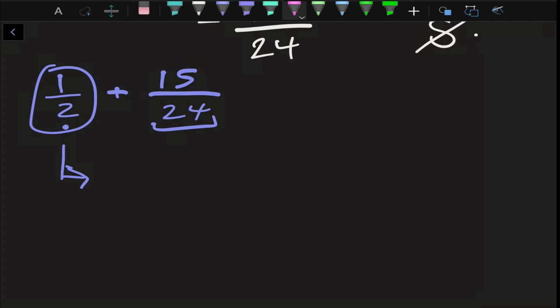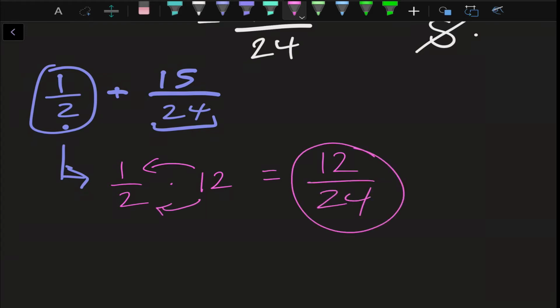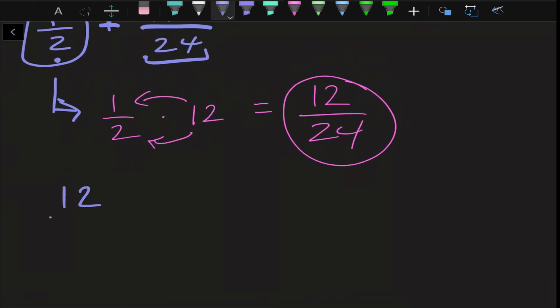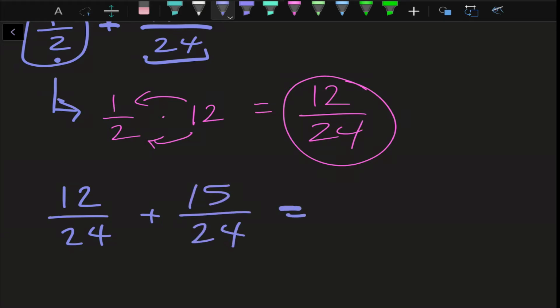So we know 1 over 2 times 12, 2 times 12 is 24, should give us that denominator. 12 times 1 is 12, 12 times 2 is 24, which is what we need here. So then I can rewrite below 12 over 24 plus 15 over 24 is 27 over 24.